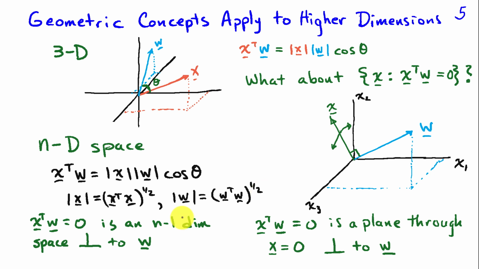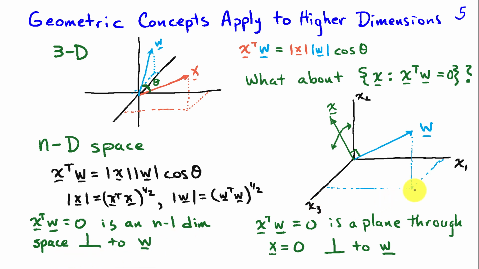We saw in 2 dimensions that this condition, x transpose w equals 0, the set of all x, formed a line perpendicular to w. In 3 dimensions, we had the set of x such that x transpose w is equal to 0. That formed a plane which was perpendicular to w. And it turns out that in n-dimensional space, this condition gives us an n-1 dimensional space that's perpendicular to w.